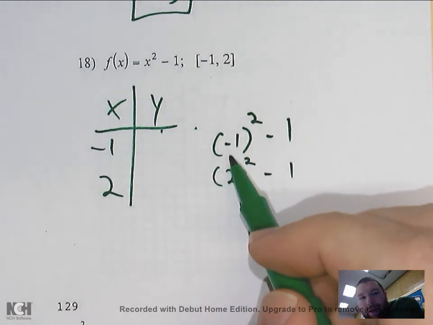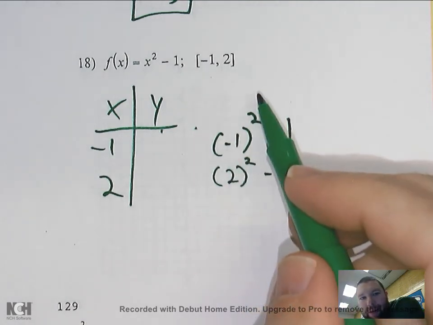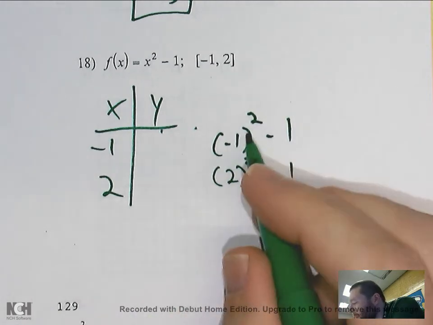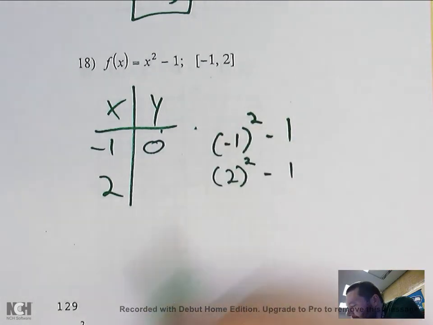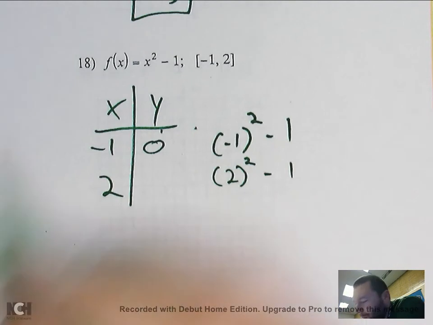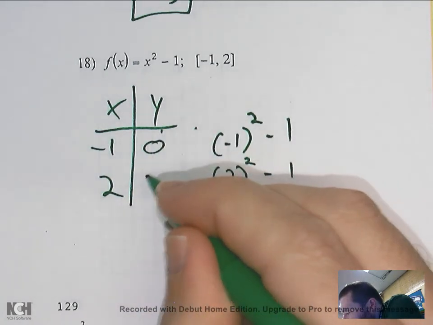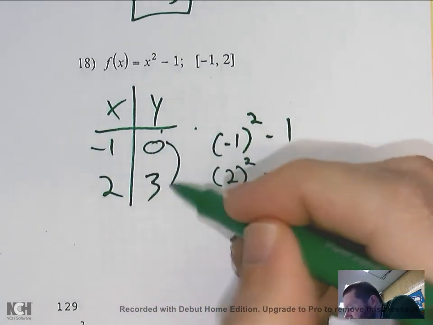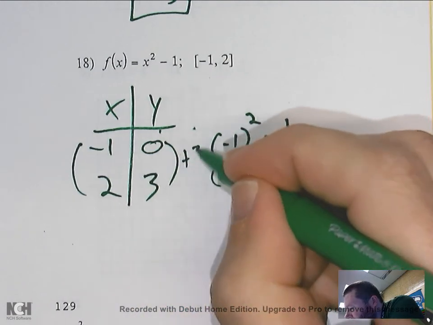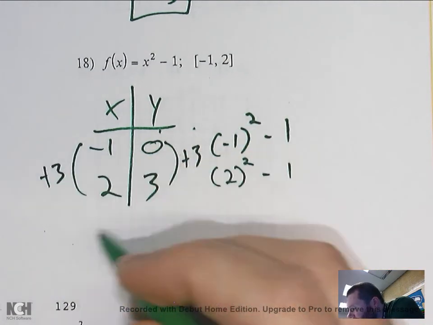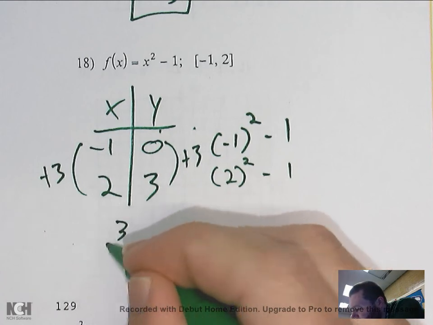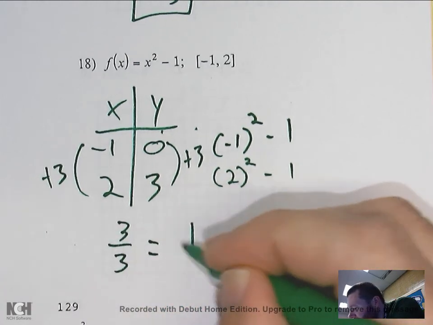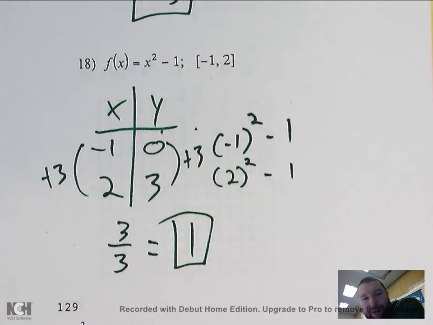So negative 1 squared is going to be like negative 1 times negative 1, which is positive 1, minus 1 is 0. 2 squared is 4, minus 1 is 3. Okay. And then when I check my average rate of change, this is going up 3, and this side is going up 3. So it would be 3 over 3, which simplifies to 1. And that would be your answer.